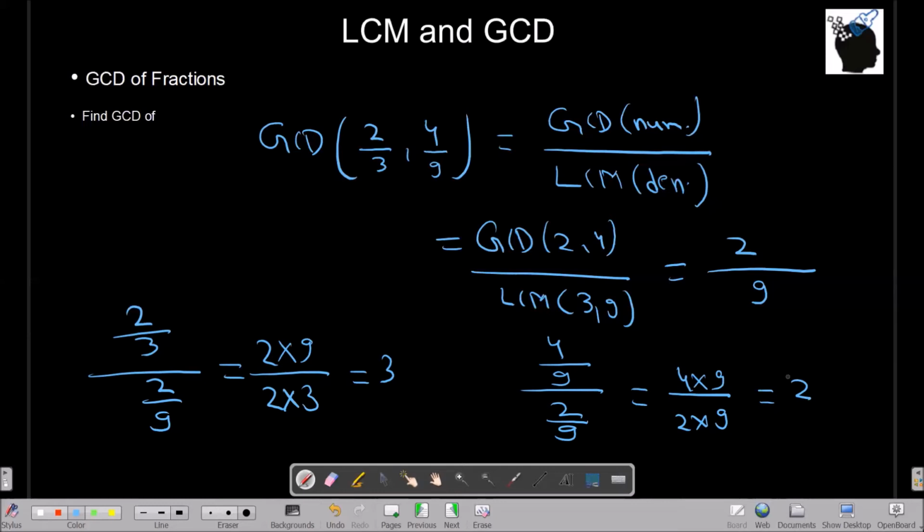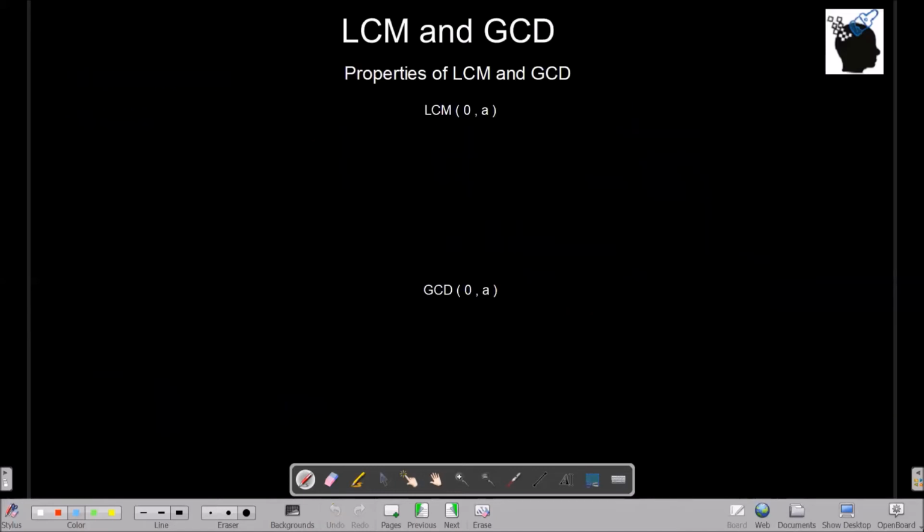Now let's go ahead and see other properties of LCM and GCD. Now let's try to find LCM of 0, a. This is a property which you should remember. LCM of 0, a does not exist. So if someone is asking you to find LCM of 0, a, remember that it does not exist.